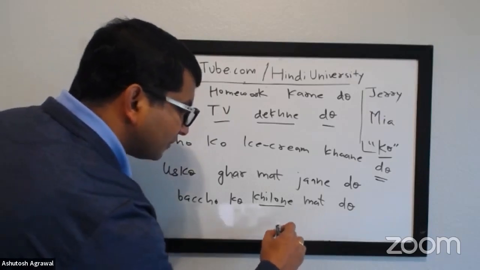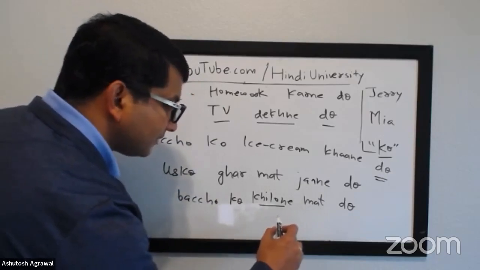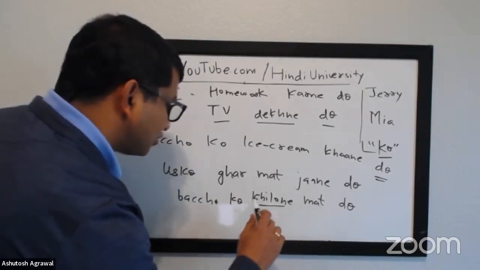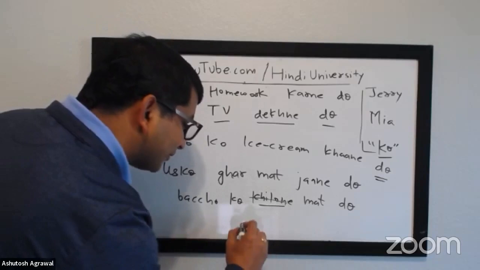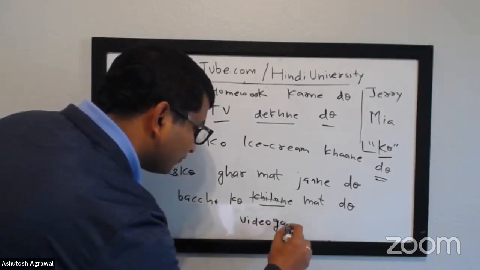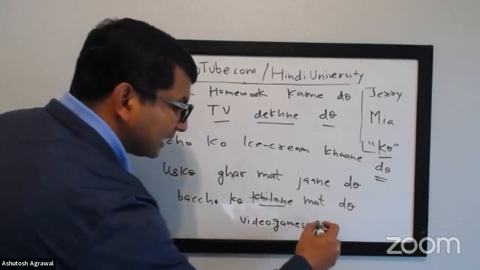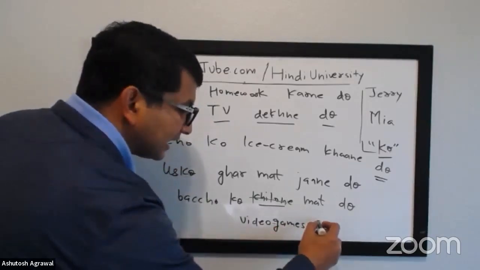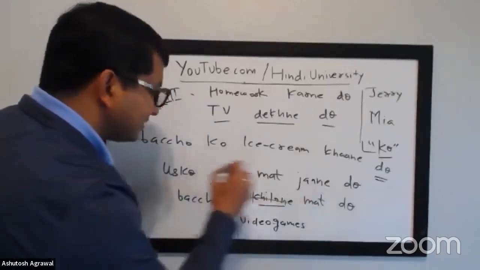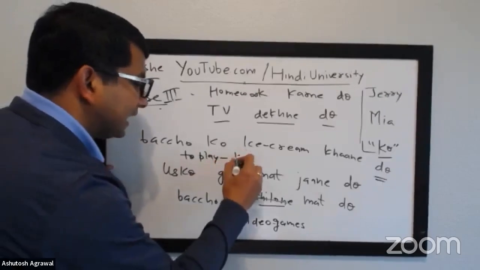Let's say the verb is don't let them play with. Let's change it, instead of खिलौने, to video game. बच्चों को video games. Which verb will you use there? Verb is to play, which is खेलना.